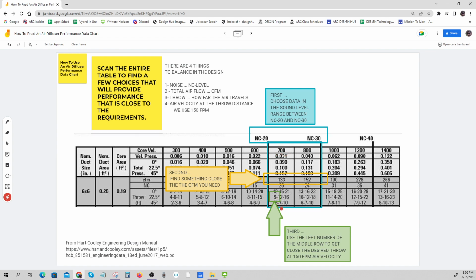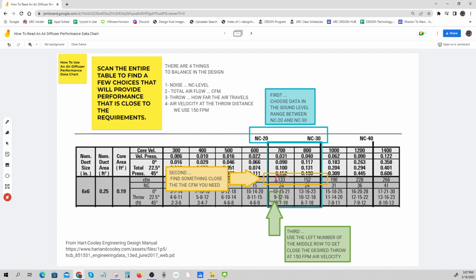We use the middle row because that's the most common type of diffuser. The middle row, and we look at the far left one. That gives us 150 feet per minute at 9 feet away from the diffuser. So this one would give me NC20.